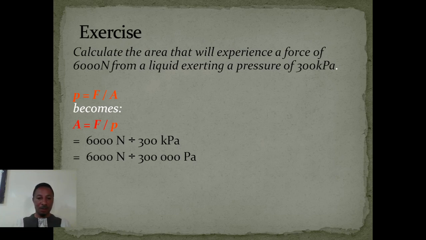So in this case, we converted: 300 kilopascal is 300 times 1,000, that is 300,000 pascal. And then we divide 6,000 by this. Then we have our answer as the area we need. Remember that the area, you can always get from your triangle formula.